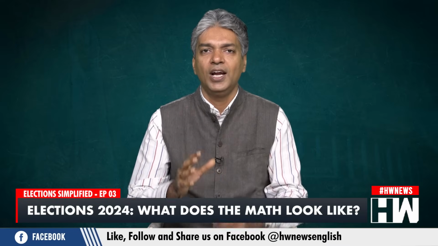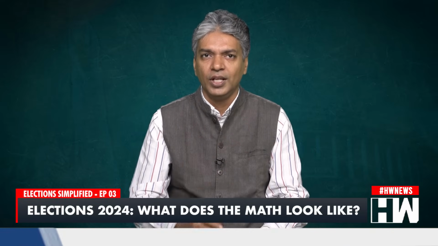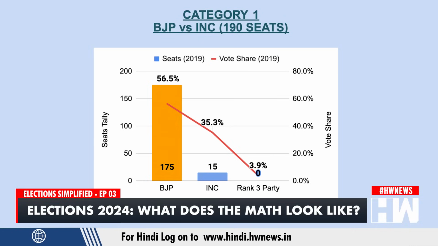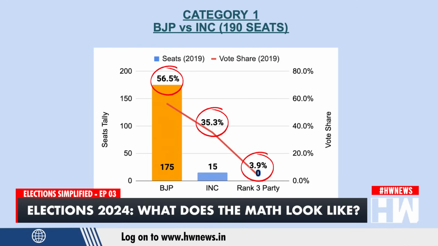So now, let's talk about category 1, the BJP versus Congress contest. Now, the BJP and the Congress locked horns in 190 seats in 2019. The BJP won the bulk of it, 175, while the Congress could win only 15 seats. The BJP recorded 56% vote share, the Congress 35%, and the third party, whichever party was the third party, could gather only 4% vote share in these 190 seats.